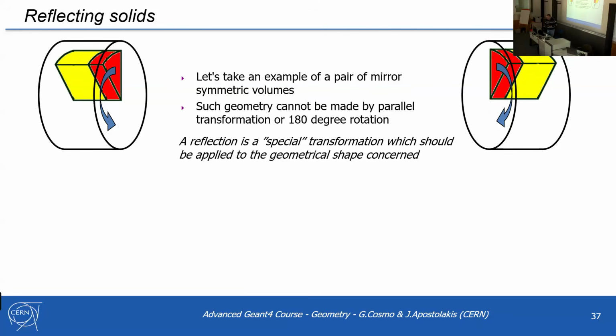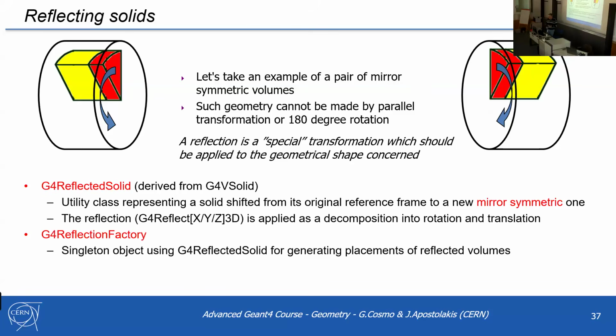So in G4 there is a special shape for this, which is called G4ReflectedSolid. It's a class which is inherited from G4VSolid, which is the class that represents all solids in G4. And it is essentially a utility that is used for representing a solid that is shifted from its original reference frame into a new mirror-symmetric one.